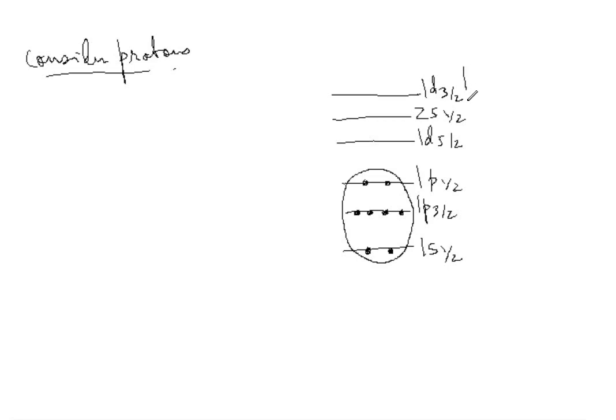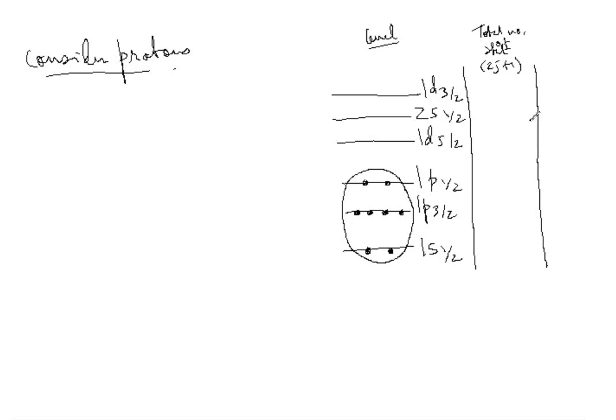So if we write down the level, and the total number of states, what is this? Basically 2j plus 1. So how many states were there? 2, 4, again 2, 6, 2, 4. Okay, and what is the projection?